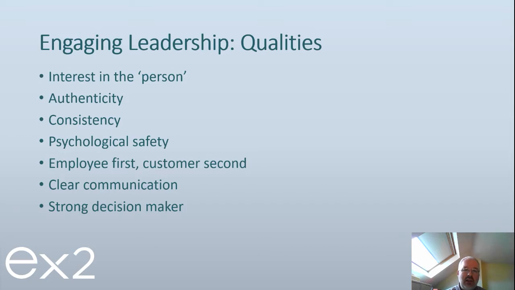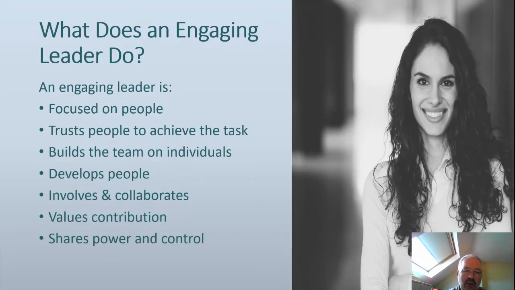Okay, an engaging leader: good, strong, clear communicator, good, strong, clear decision maker. People know where they stand, people know what's happening, and they're always in the loop. The key thing we say an engaging leader does is that they make their people feel great about what they do. They value their people, they focus on the people, they get to know who works with them in the team, they understand their team members individually and as a team.